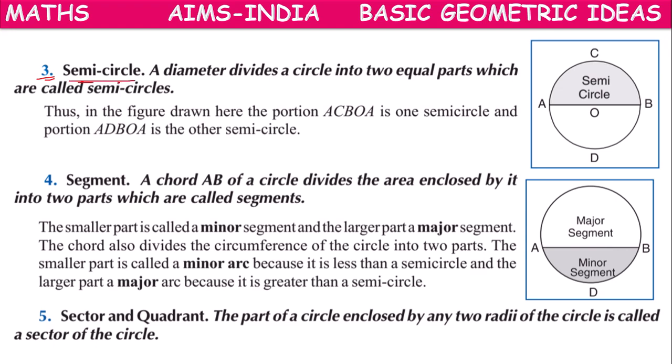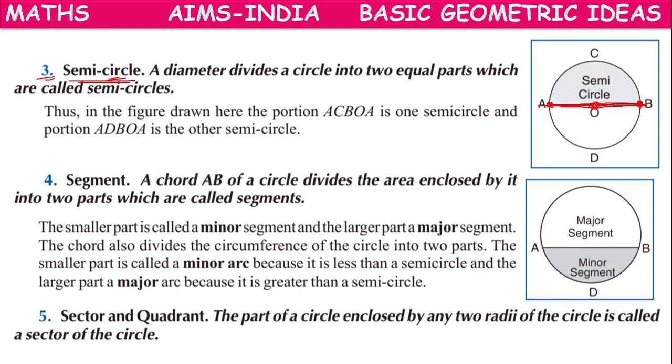Next we have semicircle. Here this AB line, children, is the longest chord. It is the line touching 2 points on opposite ends of the circle and passing through the center.